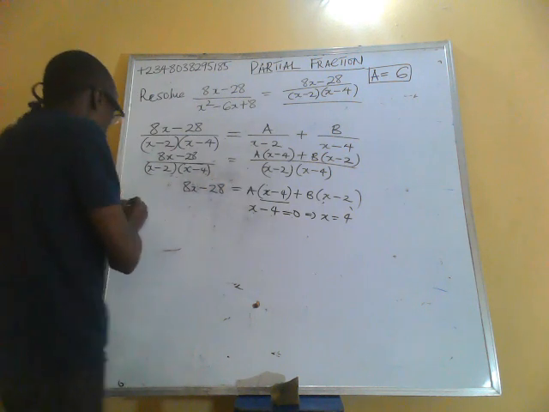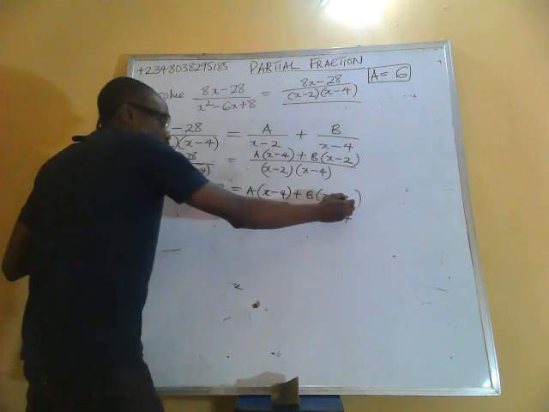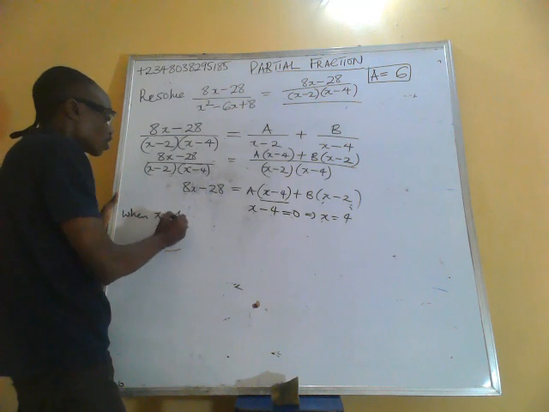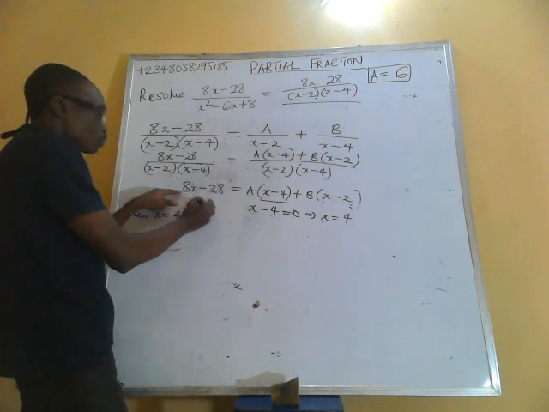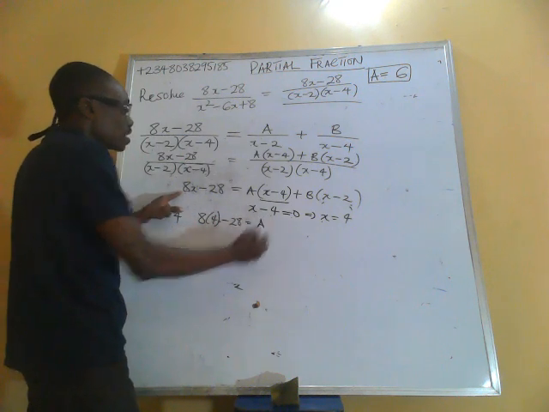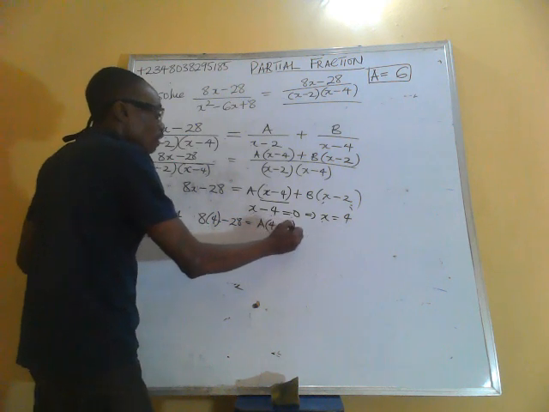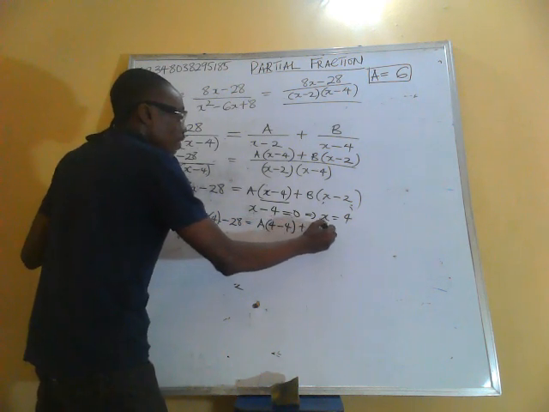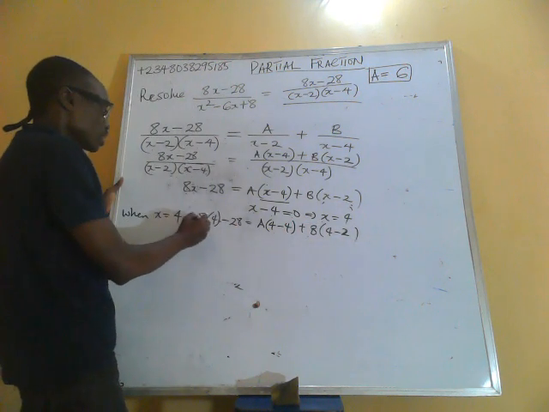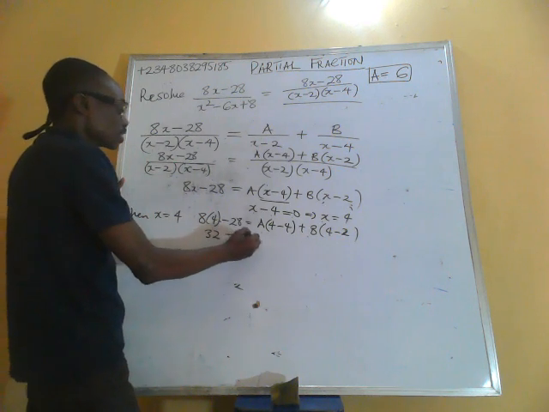So at the end of the day, let's put x equals 4 into this expression, into this identity. When x is equal to 4, we have 8 times 4 minus 28 equals a times 4 minus 4 plus b times 4 minus 2. So 8 times 4 is 32 minus 28.